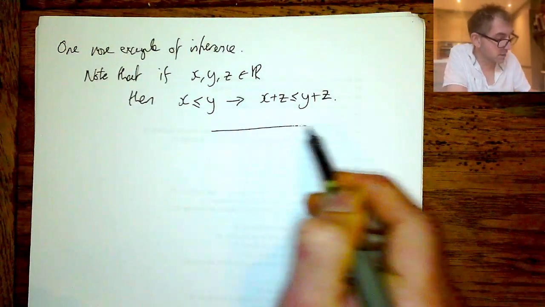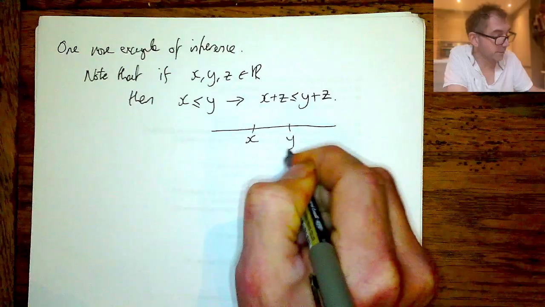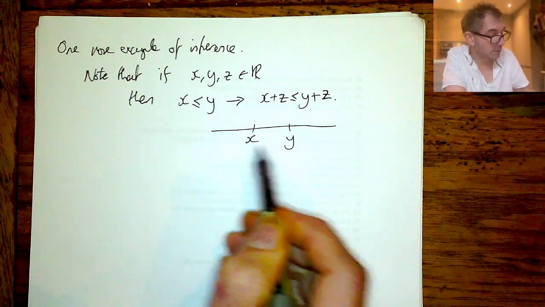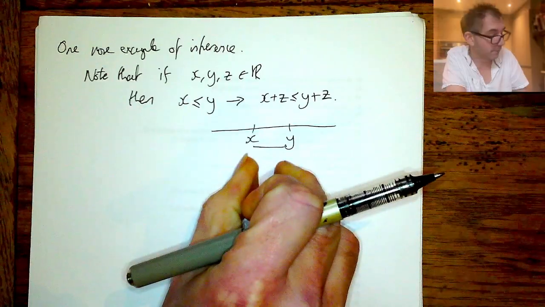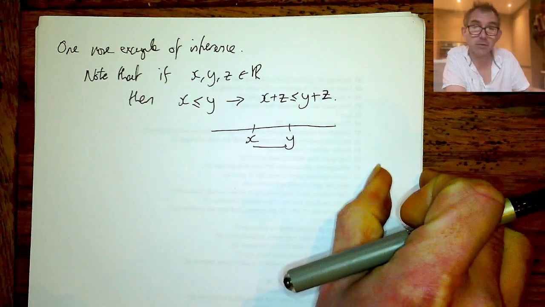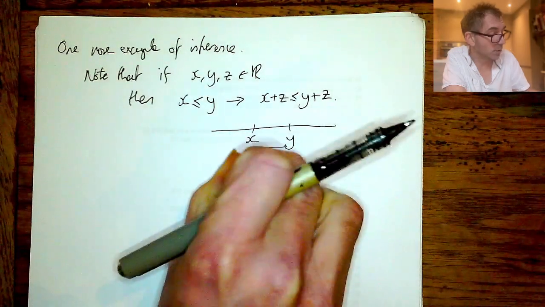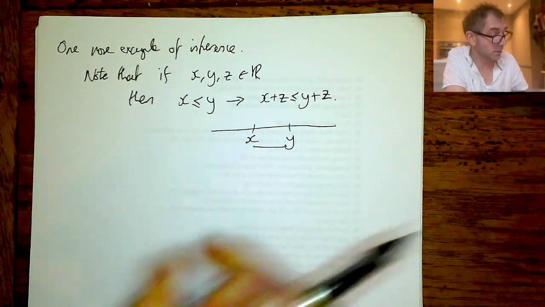It's pretty easy to see this just by thinking about what happens on a number line. If I take x less than or equal to y, whatever distance these are away from each other, if I then add some constant to it, I'm just going to move them up by a bit, and so they will still be in this relation to one another.